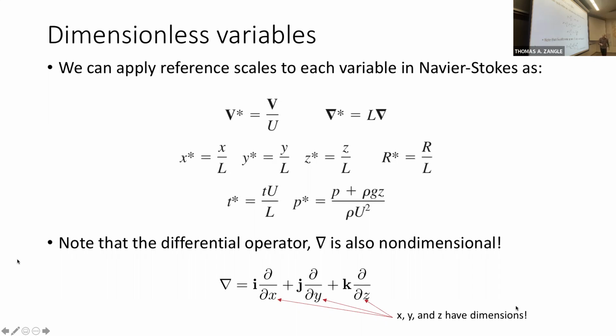Really, what's happening here when we choose the reference scales and the things that we're going to say are constants, like mu and rho, and actually g is here as well in this problem, is that those together are like the variables that we considered in the previous example, right?